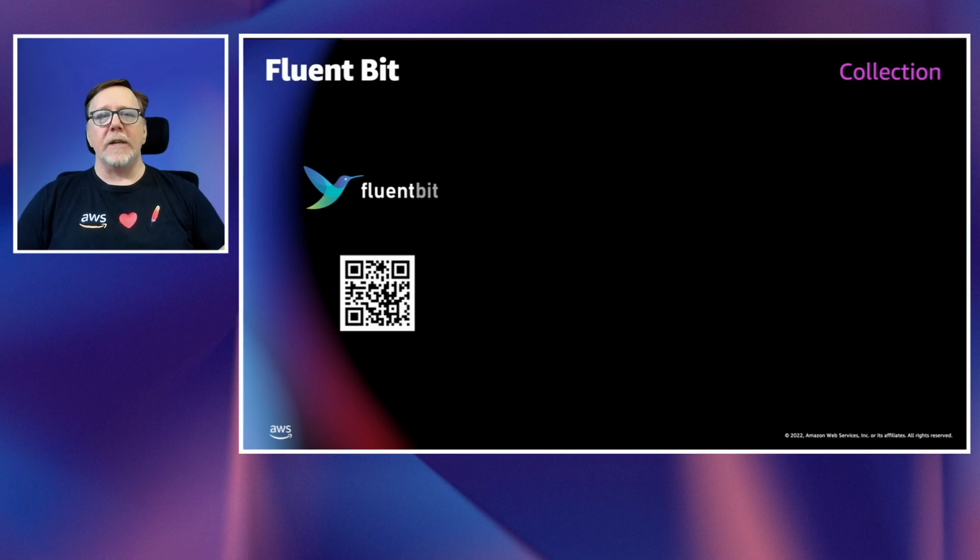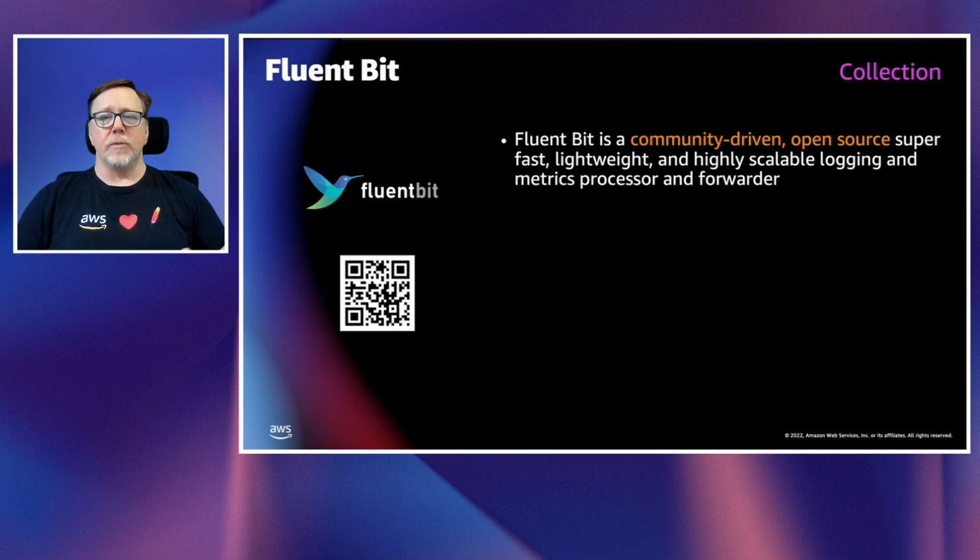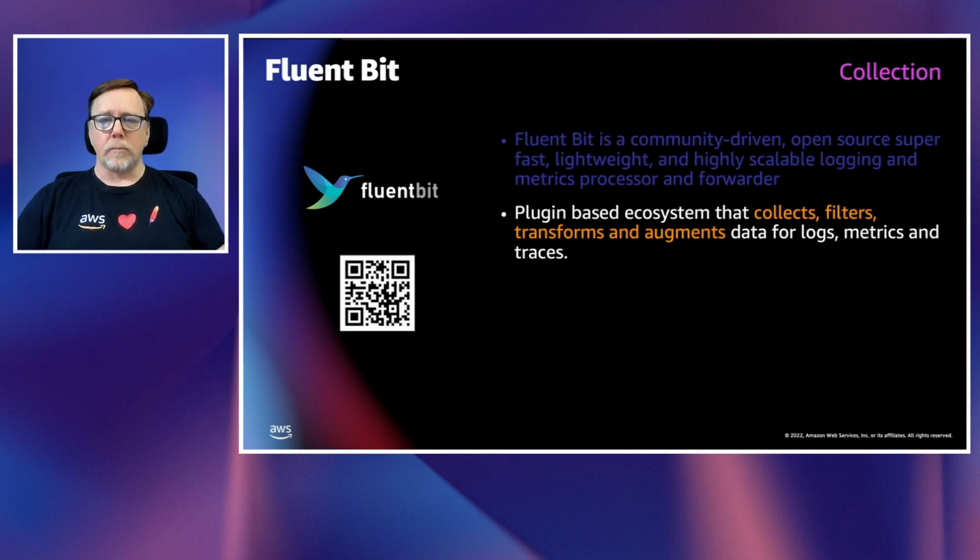FluentBit is in the collection layer. Again, this is the instrumentation, also open source, very fast, lightweight, scalable, forwards logs and metrics from their sources. It has a plugin-based ecosystem that enables you to collect and filter and transform and augment your data.